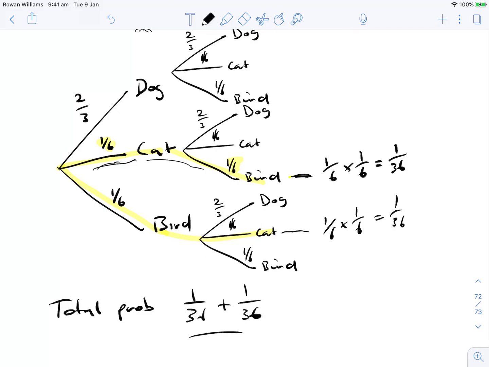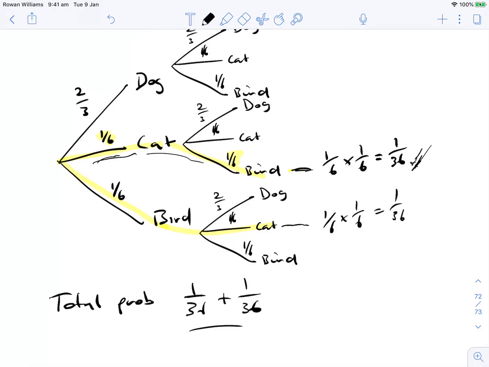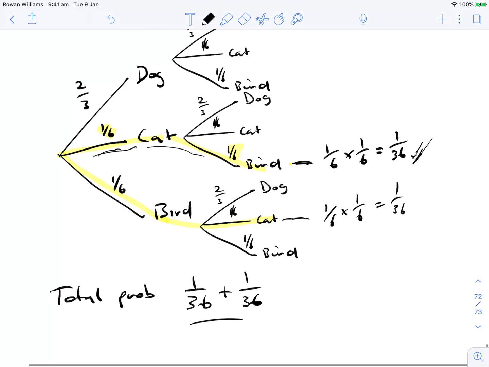Sometimes we can simplify the fractions, but if you leave them all unsimplified, then you're always going to be adding fractions with the same denominator, and you're not going to have to find common denominators again. So that's going to equal 2 over 36, which equals 1 over 18.